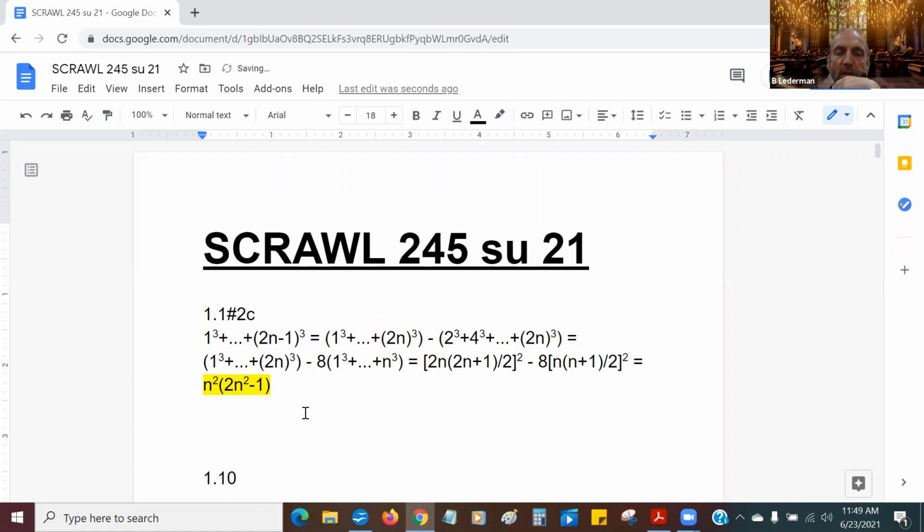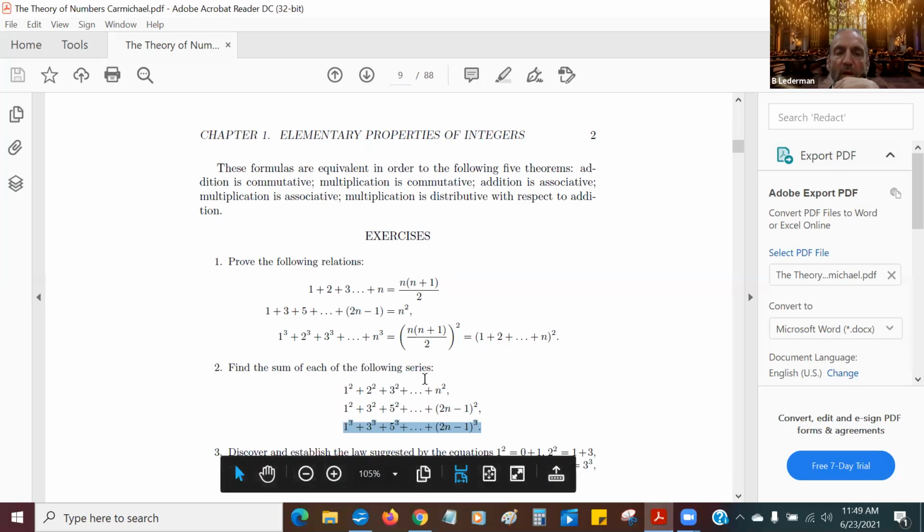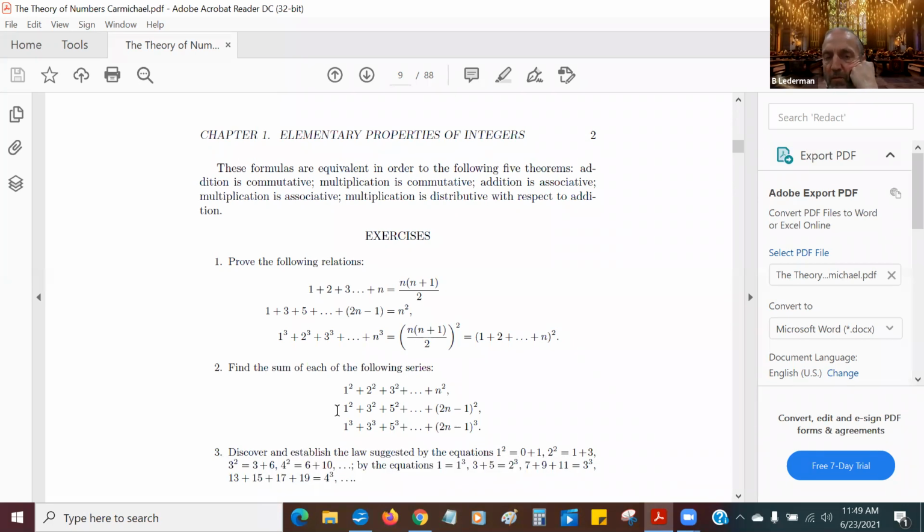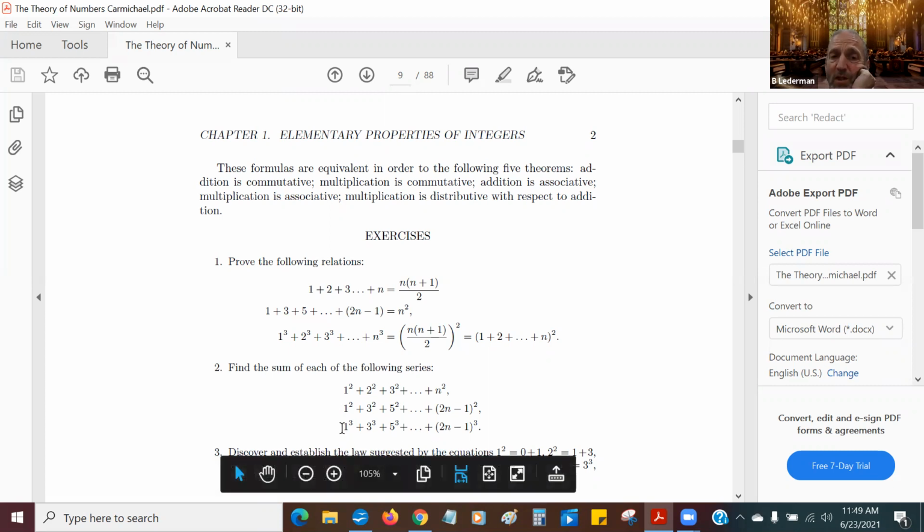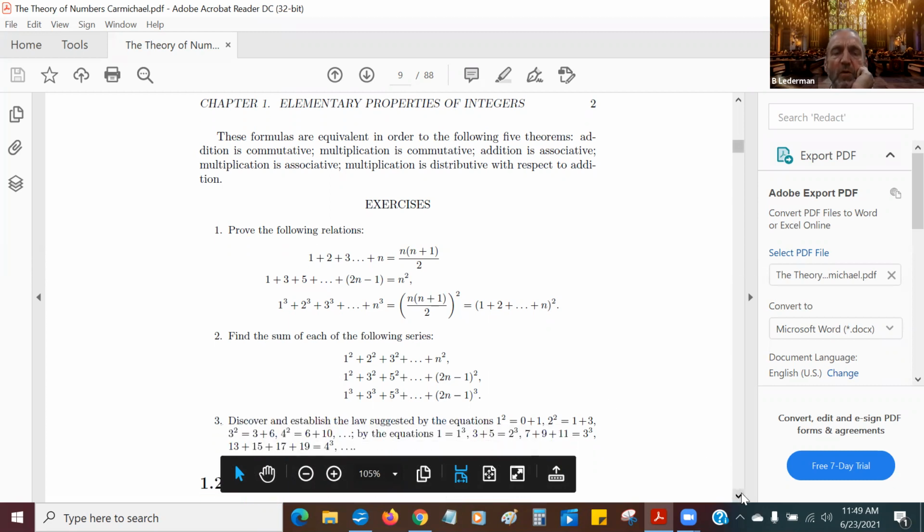The problem was not the sum of the cubes, but the sum of the odd cubes. We discussed the formula for the sum of the cubes, but here I want the sum of the odd cubes: 1 cubed plus 3 cubed plus 5 cubed plus so on.